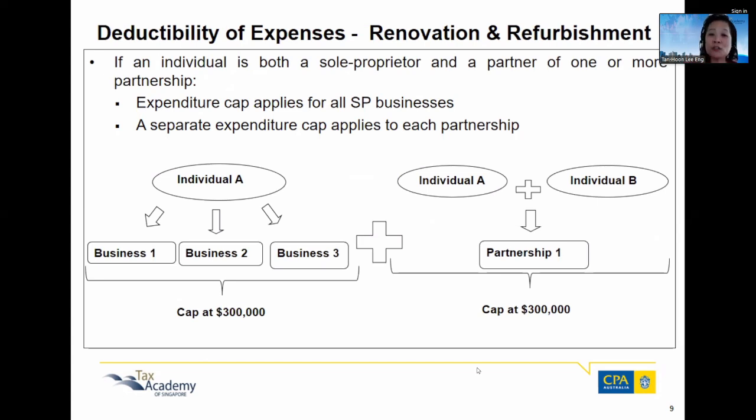As an individual A, he has 3 businesses, but the cap will be at individual level. So the 3 businesses, you add up together, the maximum we can allow is only 300,000. Separately, he has a partnership one. That partnership itself stands alone and will have a cap of 300,000. Okay, I move on to the next slide.